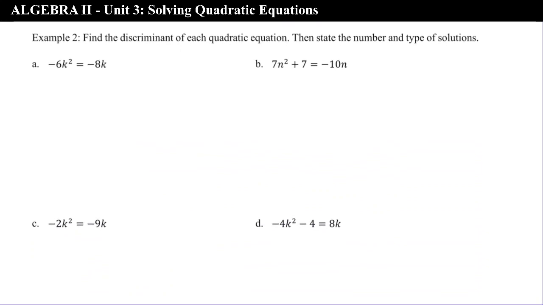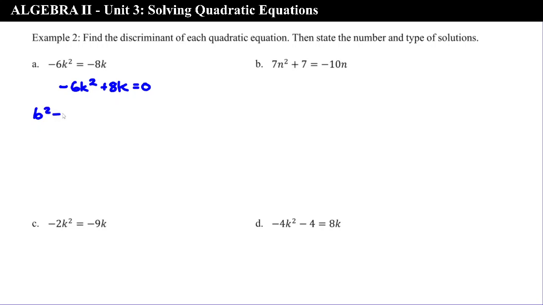So let's find the discriminant of each quadratic equation, then state the number and type of solutions. So first thing you need to do is, like we did with the quadratic equation, get all of your stuff on one side. So that's what we do here. We moved negative 8k to the other side by adding it, and now we can parse out what a, b, and c are.